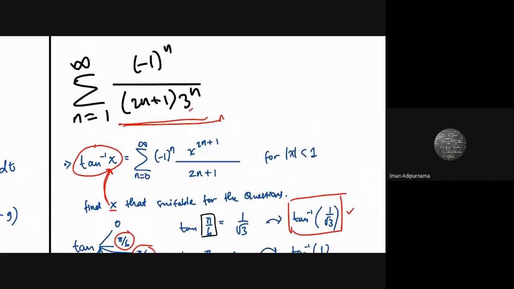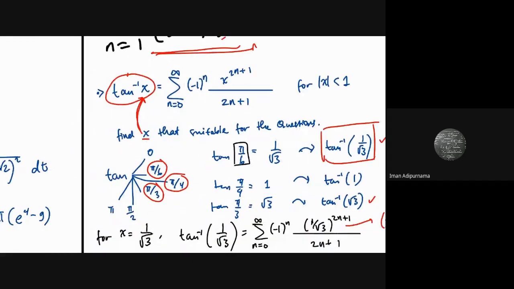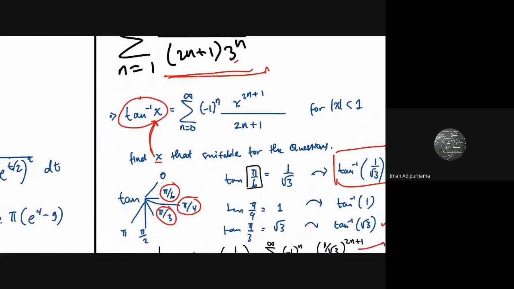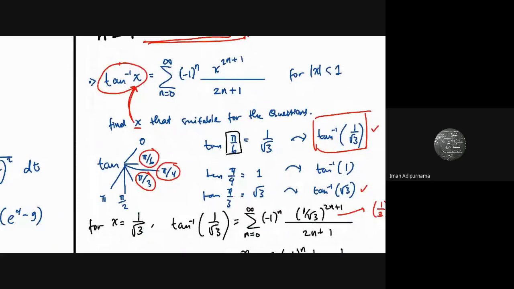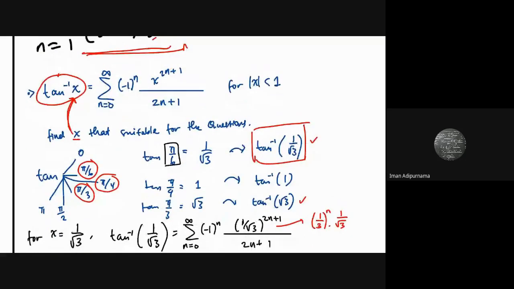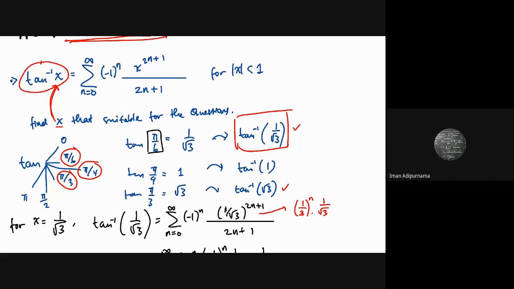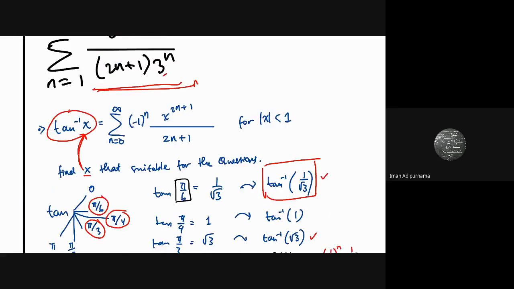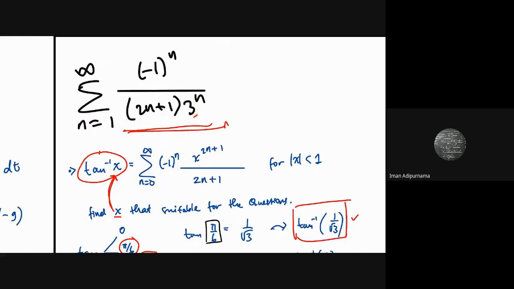And the rest is we need to check which x is suitable for our solution. So we check the tangent that can be put into the equations. The ones that are available are this and this, that will make 3 here, at least.